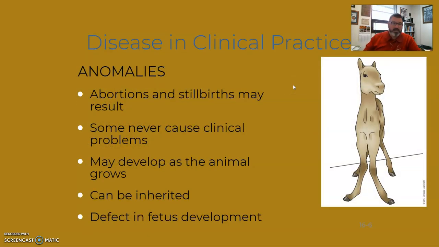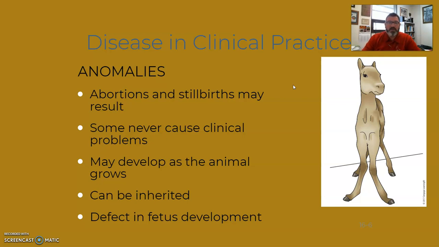How about some anomalies? Well, I showed you a picture early on. Here's another diagram or graphic that comes out of your textbook. Whenever these anomalies occur, sometimes there's not really any clinical symptom or problem. It's just something odd that happens.